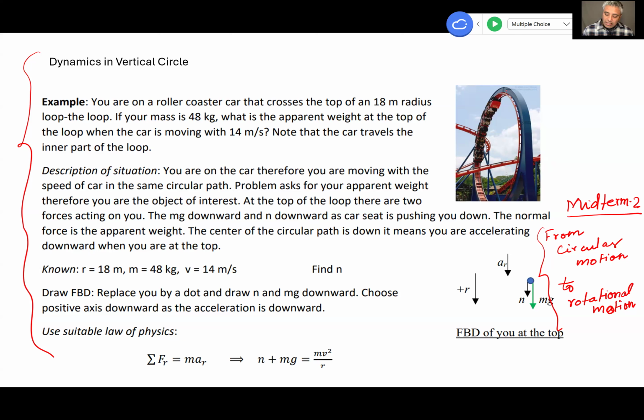that if we know the speed at any point, we can write the equation for radial acceleration. So that means if it is here, there is always going to be a component of acceleration pointing towards the center, right? And those accelerations are called radial acceleration, and their value is given by v squared over r.